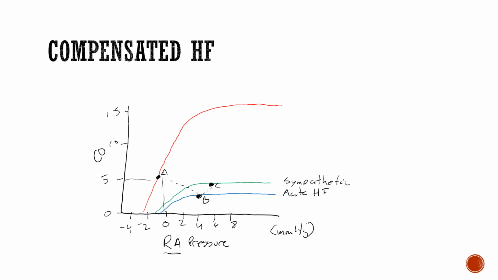So finally, in a matter of minutes, the last thing that's going to happen here is I'm going to hit, say, about point D here. And what point D represents is the second compensation, which is the renal compensation.